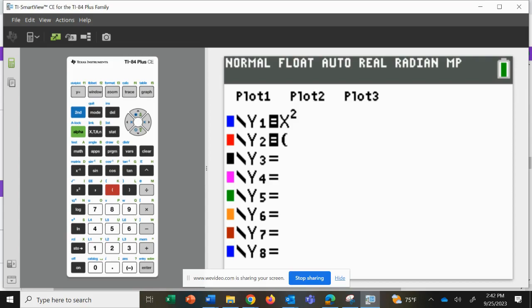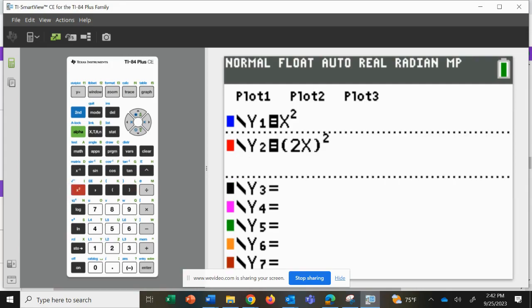I will let you choose your own numbers. I'm going to pick a 2 for my example, but you're going to do 2x on the inside and then put the squared on the outside of the parentheses. You choose a few different numbers, because we need to figure out what makes it stretch and what makes it shrink. And keep in mind that these are horizontal.